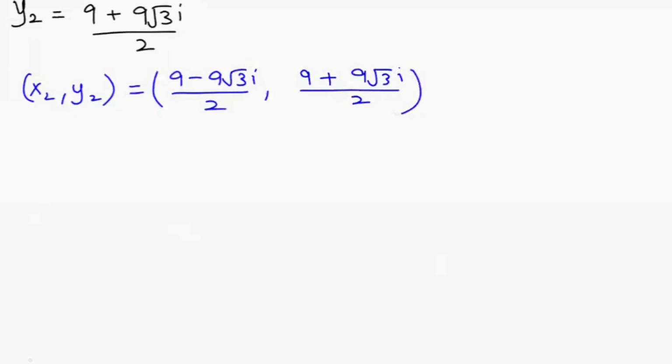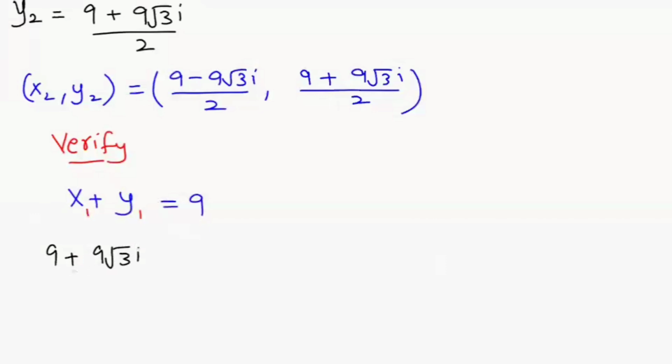Now I'm going to verify my answer. The equation I'm going to take here is x plus y is equal to 9. I'm going to plug in the x1 and y1 values: 9 plus 9 root of 3 iota over 2 plus 9 minus 9 root of 3 iota over 2 is equal to 9.